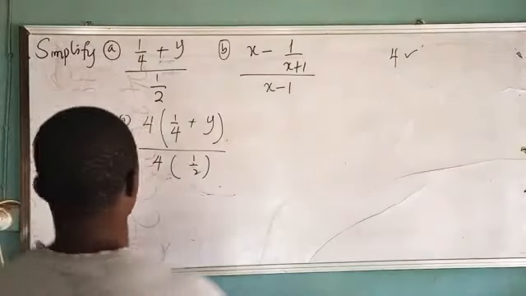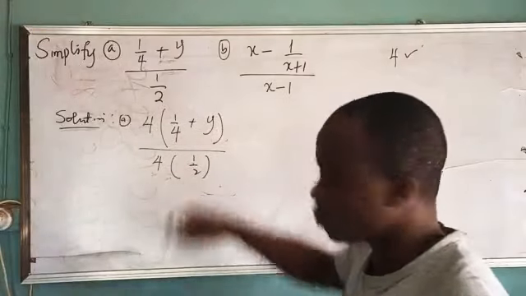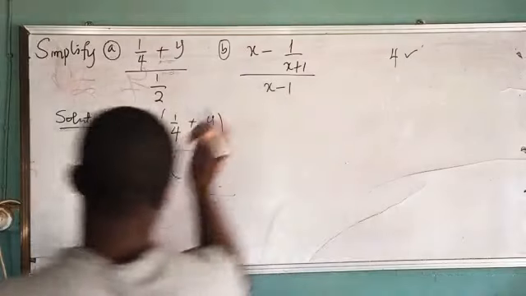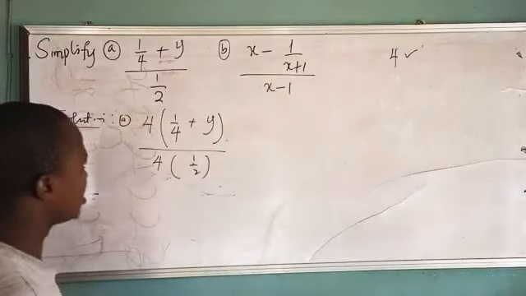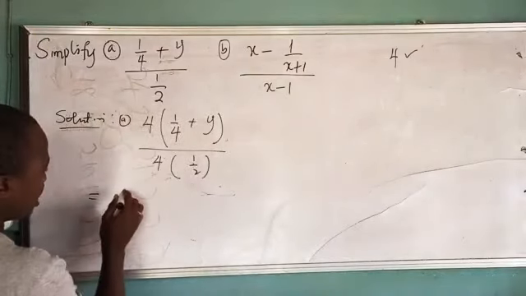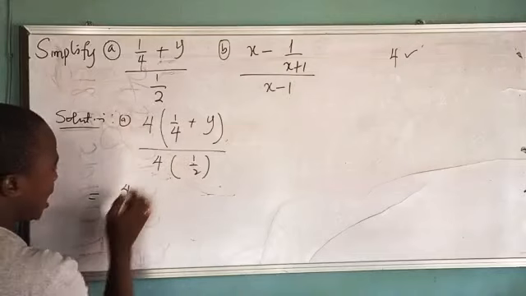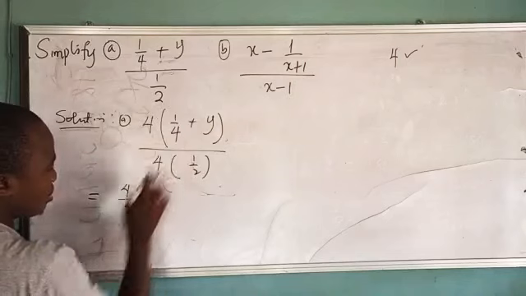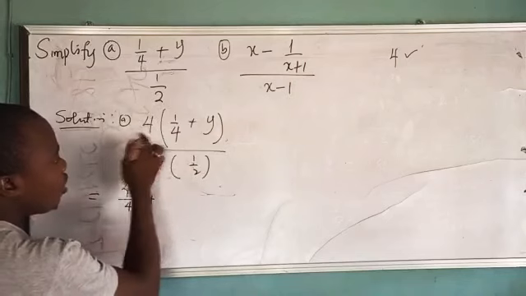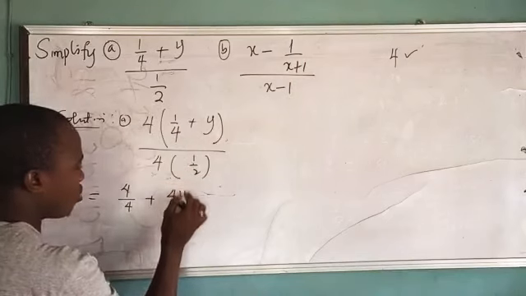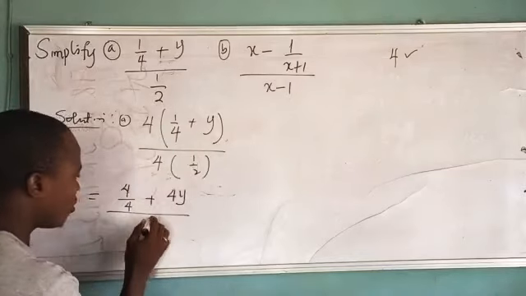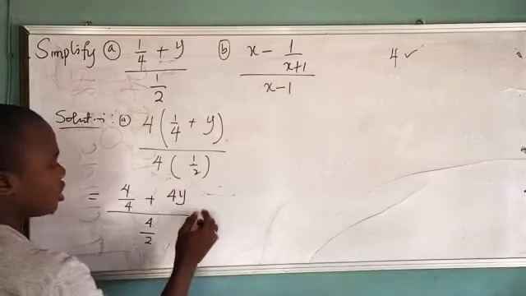So we multiply 4 by both numerator and denominator. From here, what will be our answer? You open the bracket: you have 4 times 4 over 4 plus 4 times y, that is 4y over 4, multiplied by 1, we have 4 over 2. Can you see that?